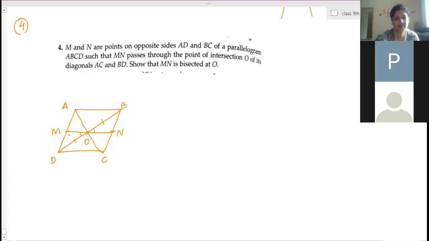Vertically opposite angles and alternate interior angles. So angle D is equal to angle B. Angle O is equal to angle O. And OD is equal to OB. Diagonals bisect each other. By ASA, these two triangles are congruent, therefore MO is equal to ON.